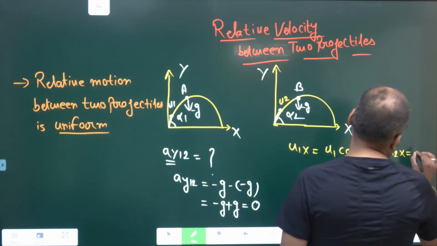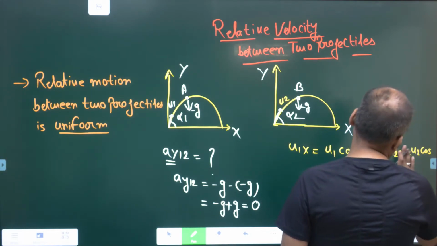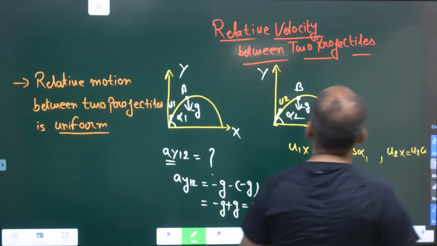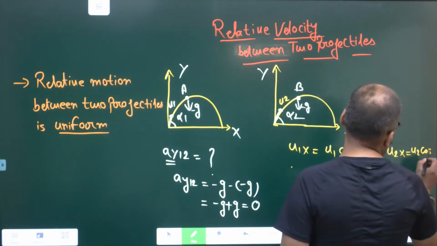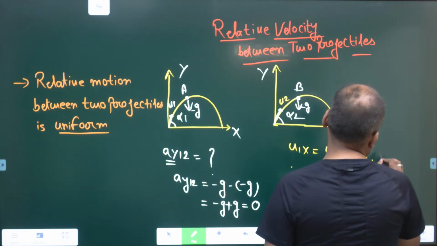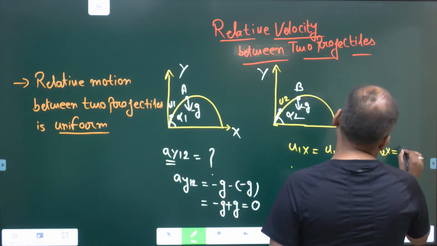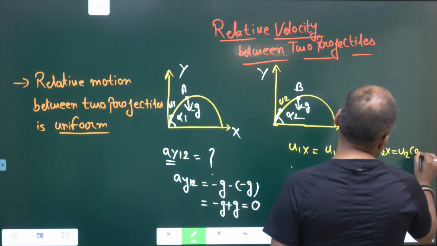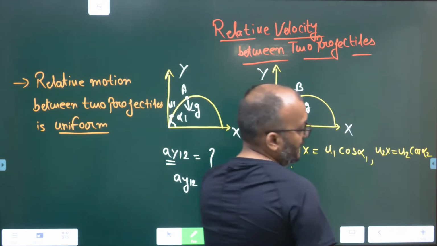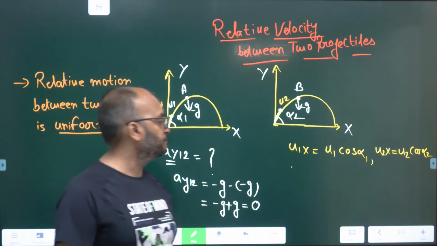It will be u2 cos alpha 2. So u2x will be u2 cos alpha 2. Yes or no? I have just taken the x components of velocities u1 and u2.